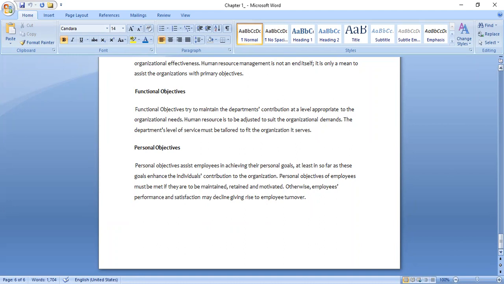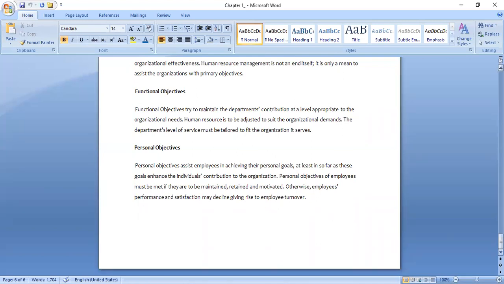For example, it allows those departments to achieve their objectives, right? And then also these departments contribute appropriately to the organizational needs. For example, the marketing department contributes in terms of marketing the products and services offered by the company, that kind of thing.